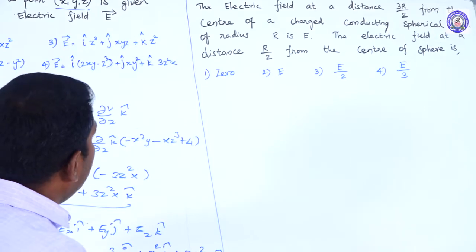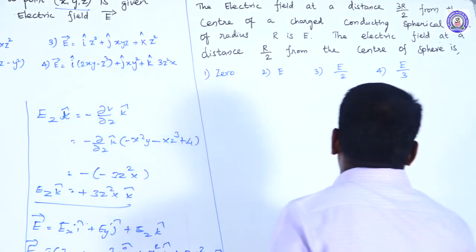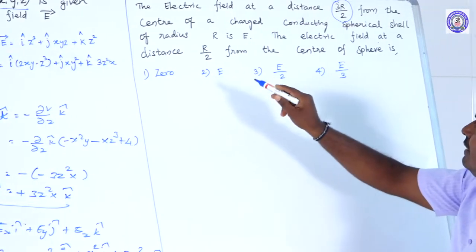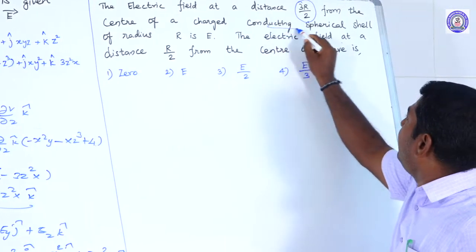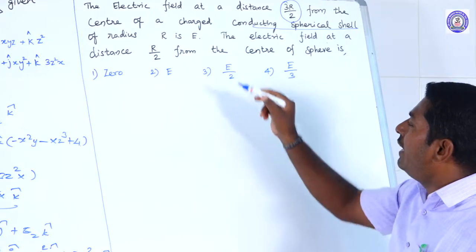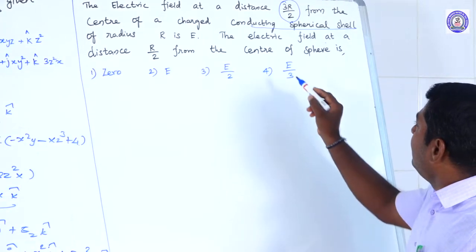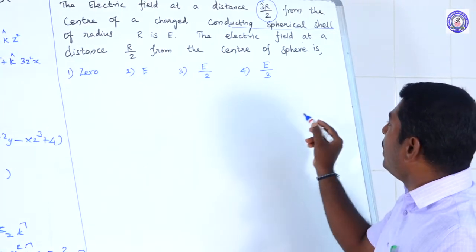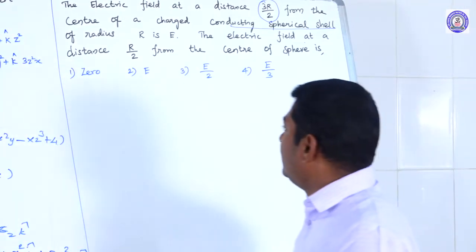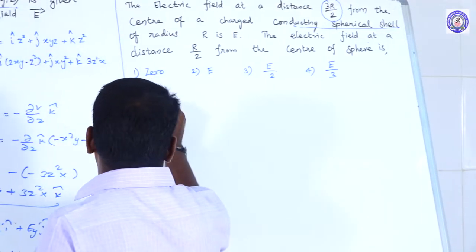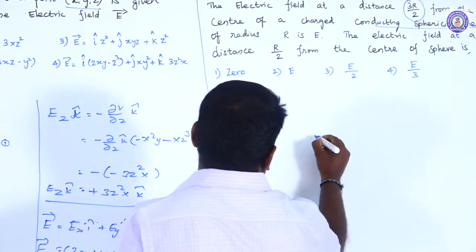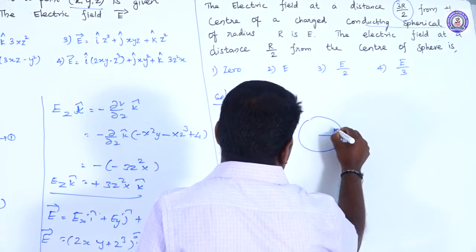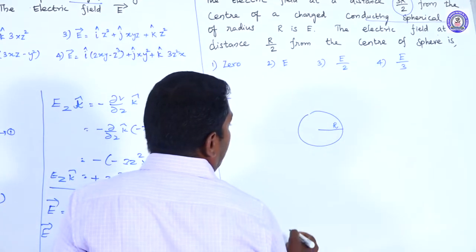So the next question: the electric field at a distance 3r divided by 2 from the center of a charged conducting spherical shell of radius r is E. What is the electric field at a distance r divided by 2 from the center of the sphere? Solution: let us consider a charged hollow sphere of radius r.